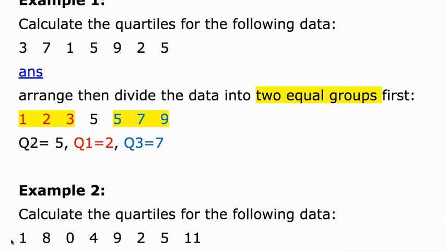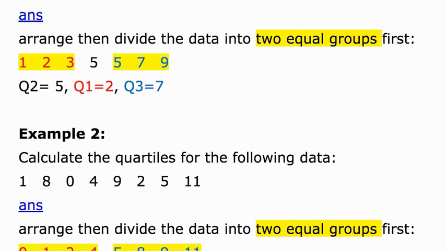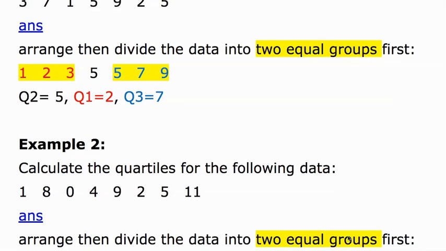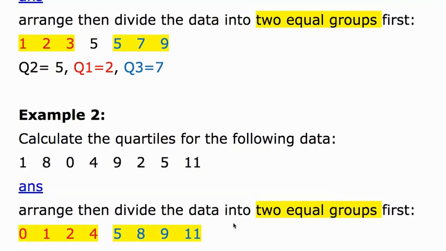So you have 4 values in the first group and 4 values in the second group. 4 plus 4 is equal to 8. Again, the first step is to arrange the data, and then we divide them into equal groups. The first group would be the lower 4 values, and the second group would be the upper or higher 4 values.